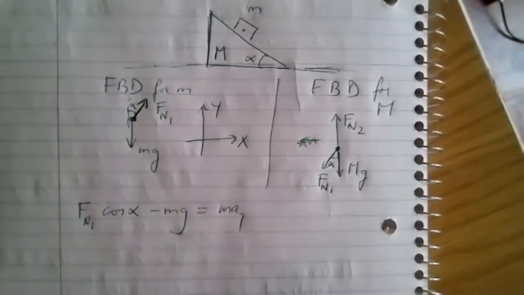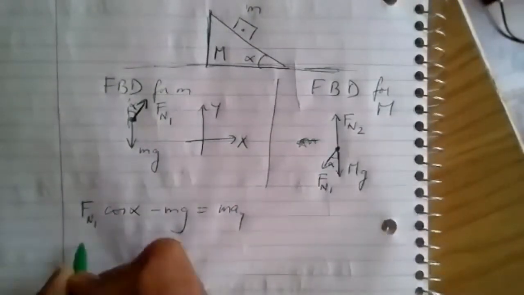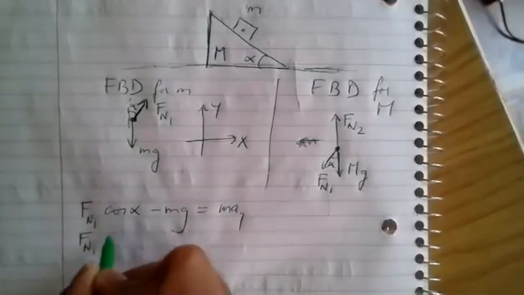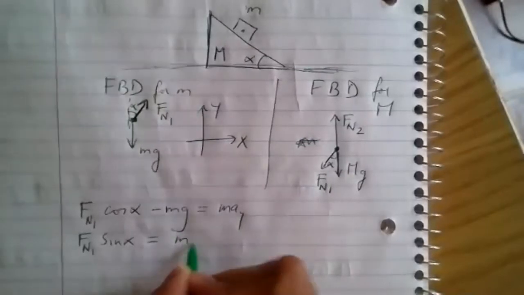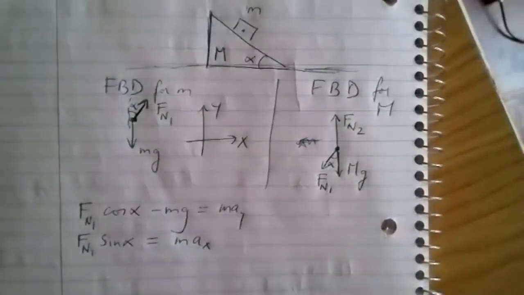In the x direction, Fn1 sine alpha equals little m times ax.